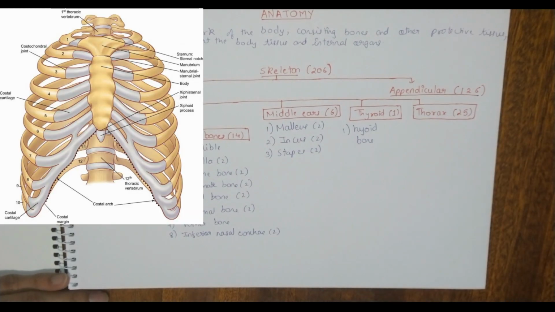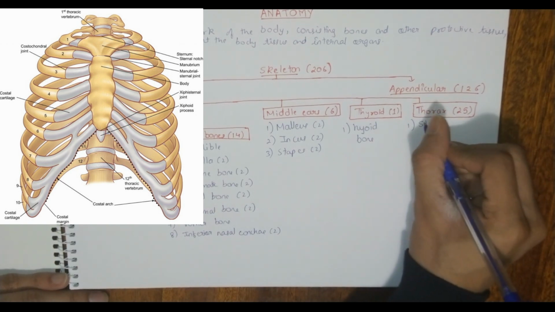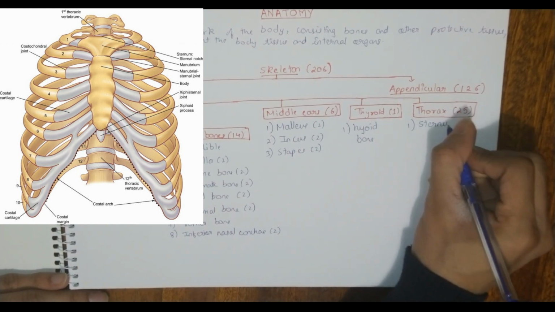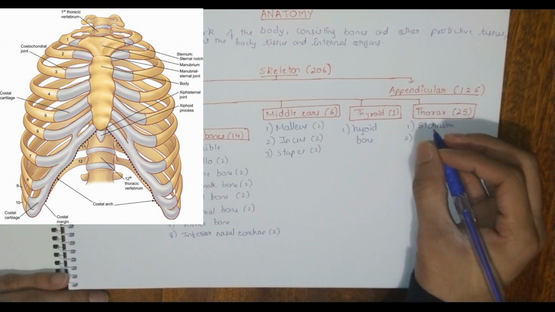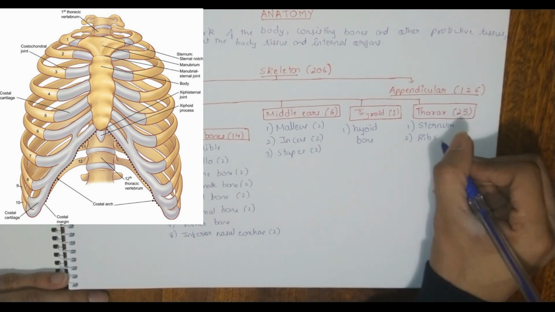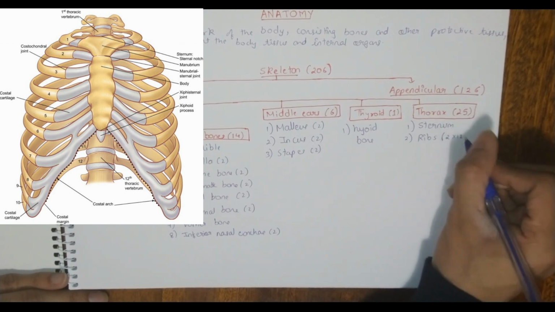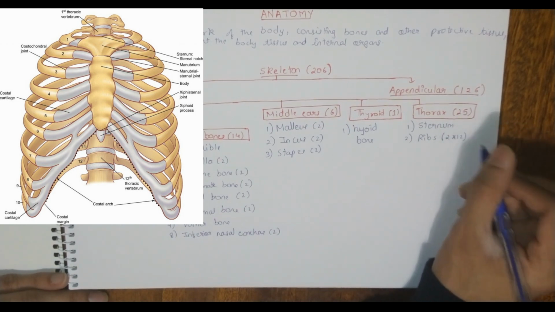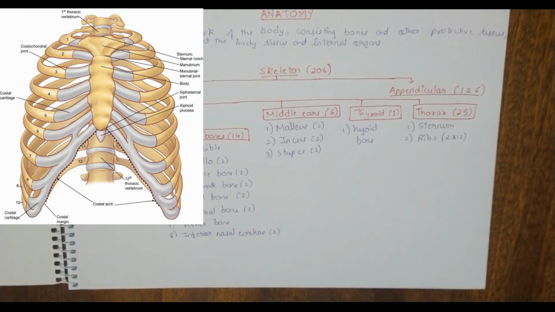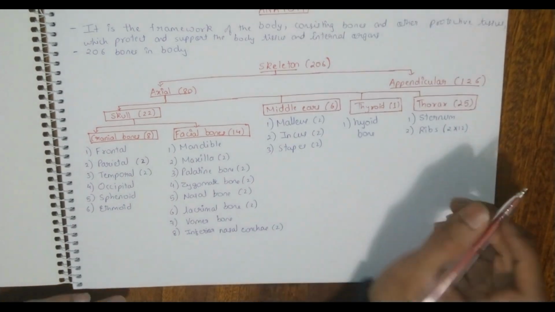Now the 25 in which there is one sternum, and there are 24 ribs, means 12 ribs on each side, that is 2 into 12, there are 24 ribs. The last part that comes in axial skeleton is the vertebral column.